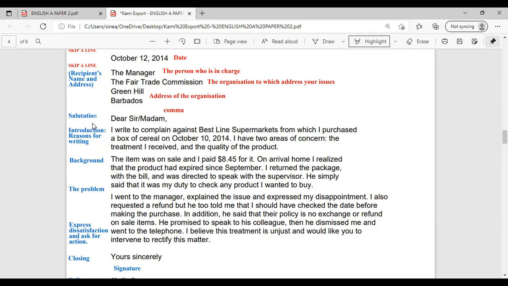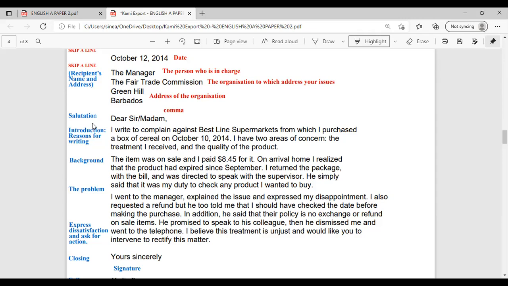In addition, he said that their policy is no exchange or refund on sale items. He promised to speak to his colleagues, then he dismissed me and went to the telephone. I believe this treatment is unjust and would like you to intervene to rectify this matter. So again, we see the response that he got from the supervisor, and even when he went on to talk to the manager, nothing was done.